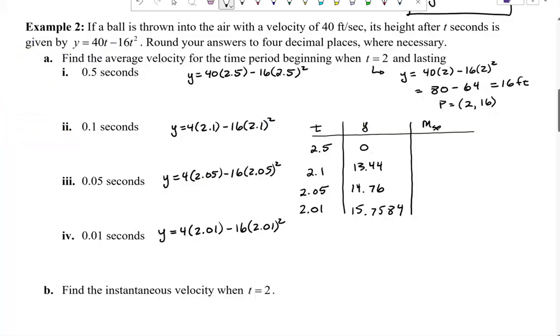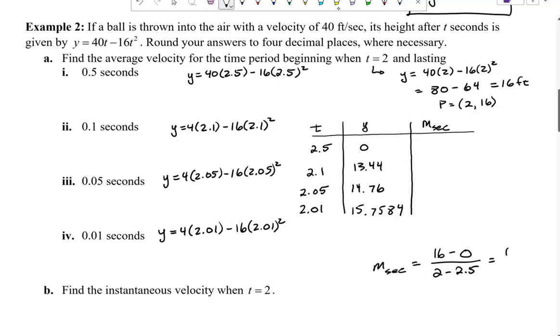So just as before, to find the slope of our secant lines, we're going to take the difference in the y's. So I'm going to take the y value from our point P, which is 16, minus our y value from this point Q here, which is 0, and then get the difference between the t values, 2 minus 2.5.